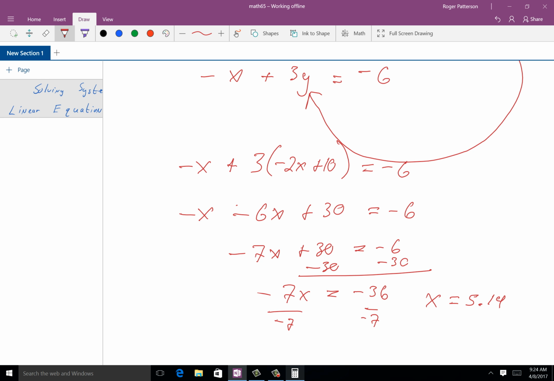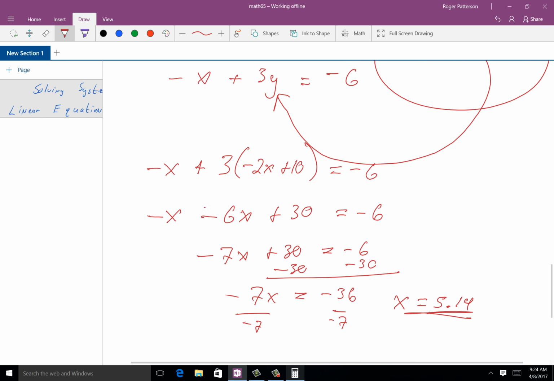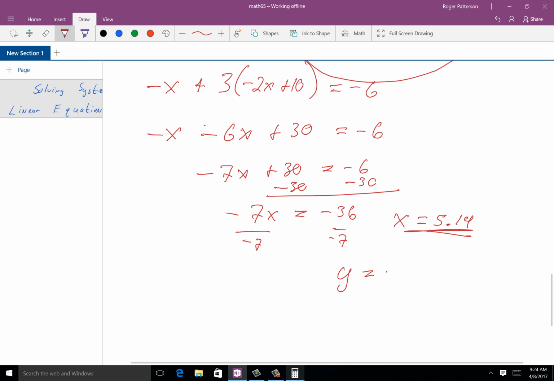So again, you've done quite a bit of work, but we're not done because we need a point. So what do we have to do with this 5.14? Yeah, we got to plug that back in. The easiest place to plug it in would be right up here, because that one's already solved for y. Although you could pick any of the other equations, it doesn't make any difference. You're going to get the same answer. It's just easier. So I had y equals negative 2x plus 10.